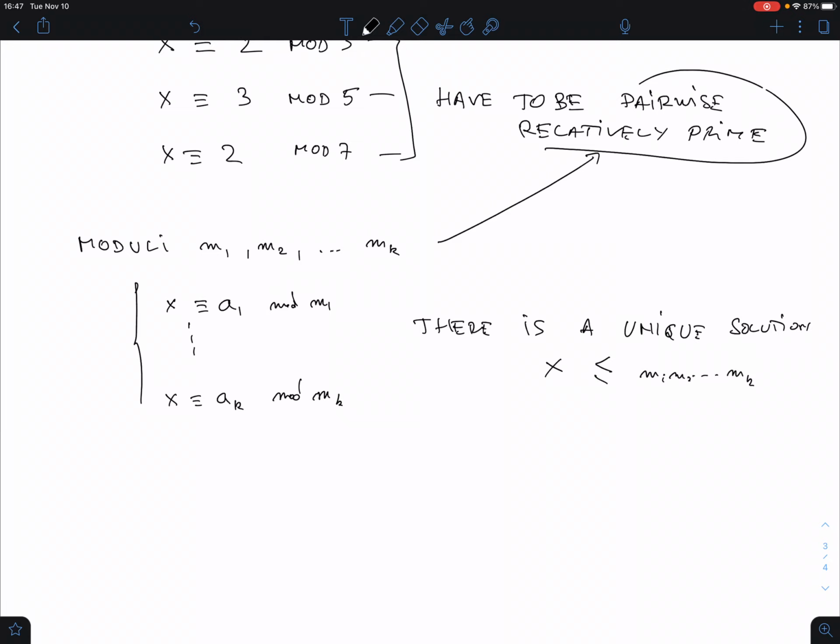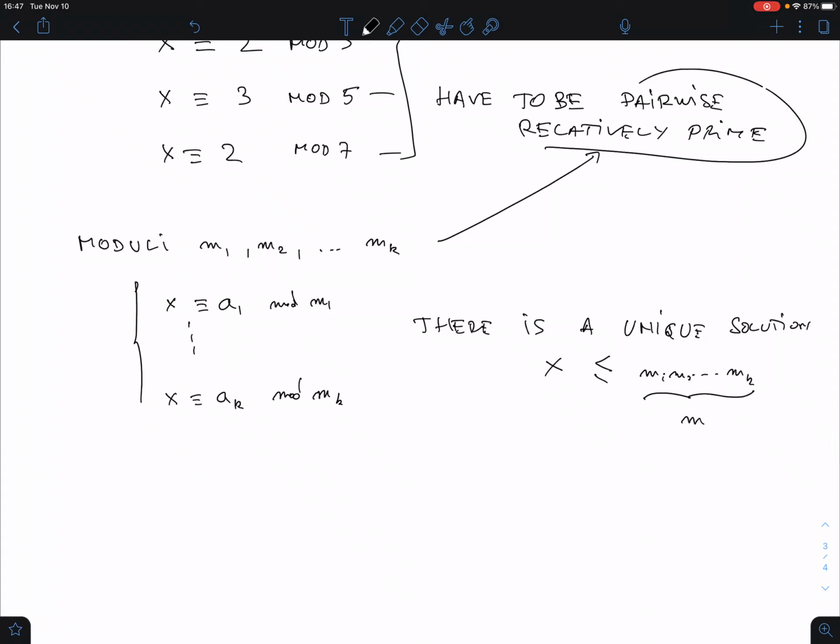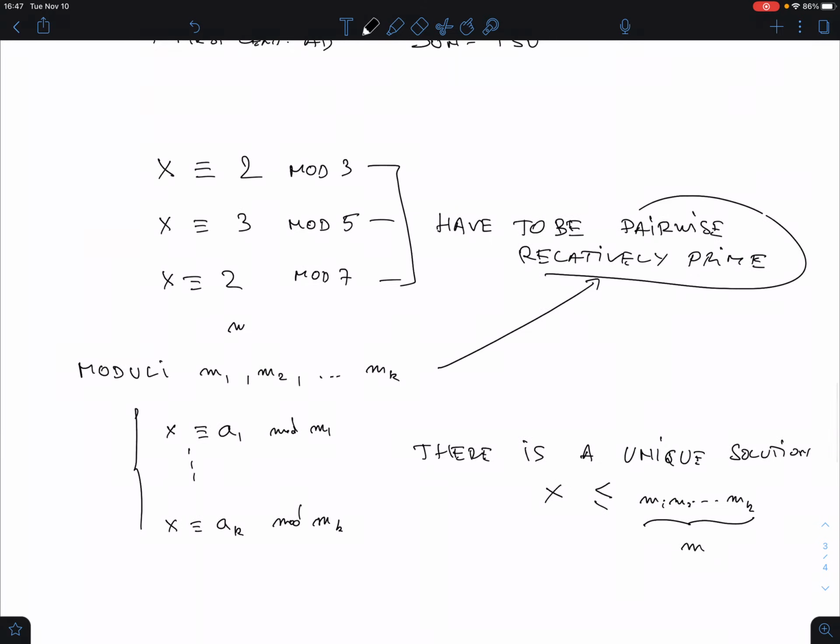So you take the product of all of them, and I'm going to call this little m. So what is m here? 3 times 5 times 7. 15 times 7, that's 75. No, that's not 75. It's 105, right? m is 105 in our case.